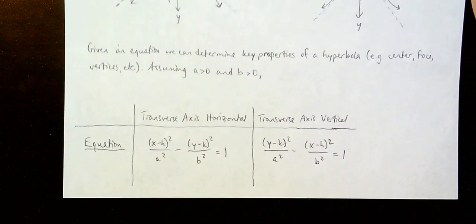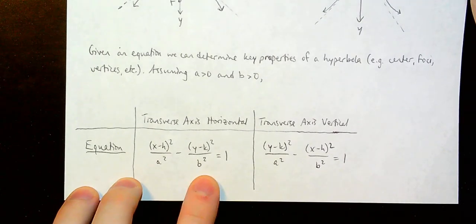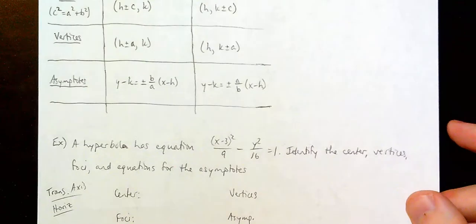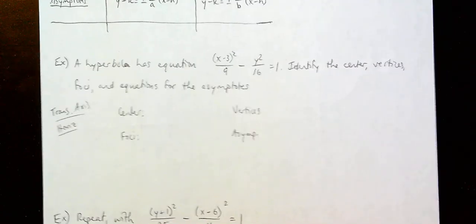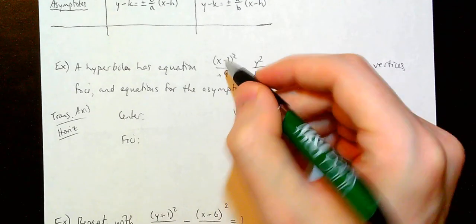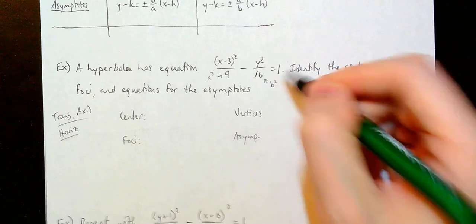Again, looking at the general formula here, it's a squared on the bottom of the first fraction and b squared on the bottom of the second. So comparing that to what we have here, 9 is my a squared and 16 is my b squared.